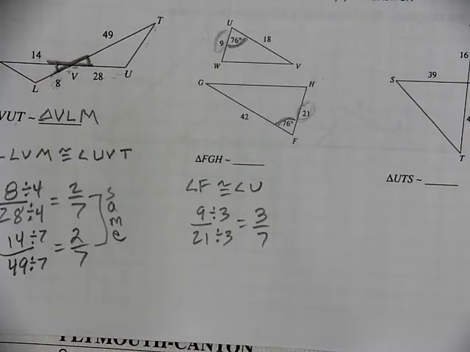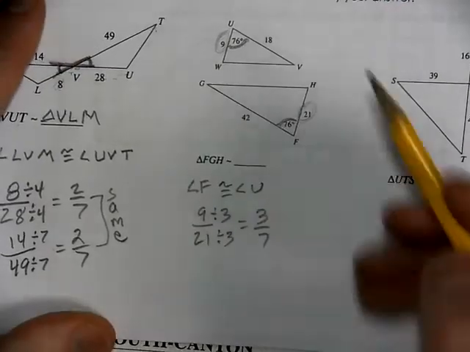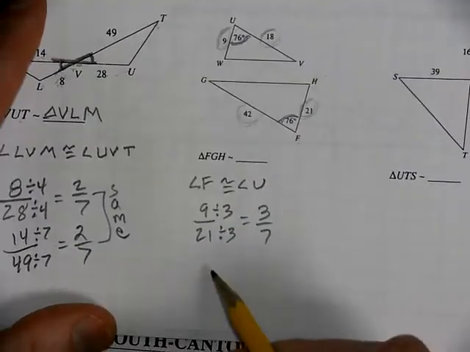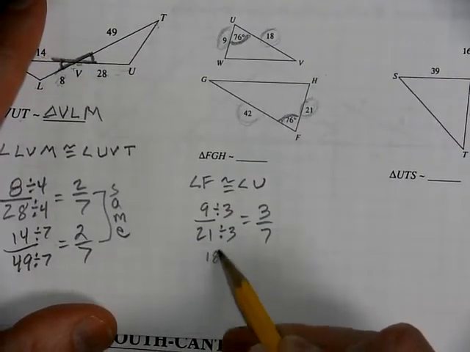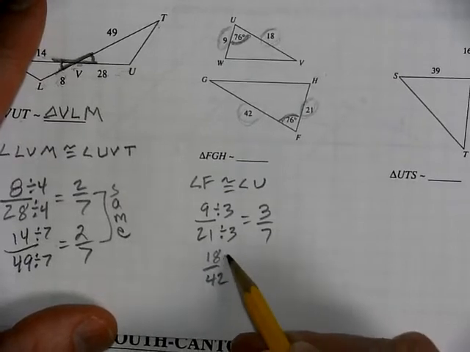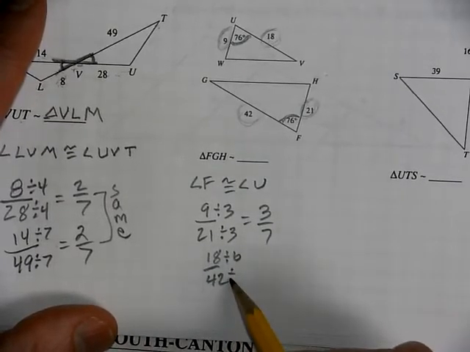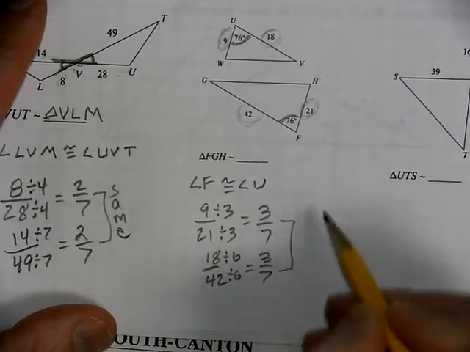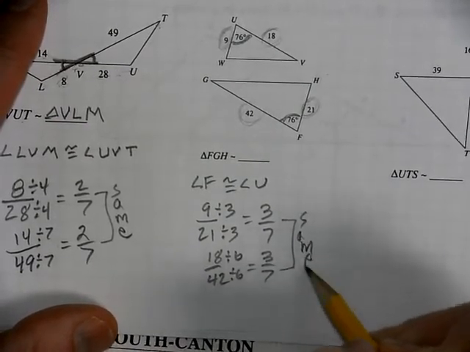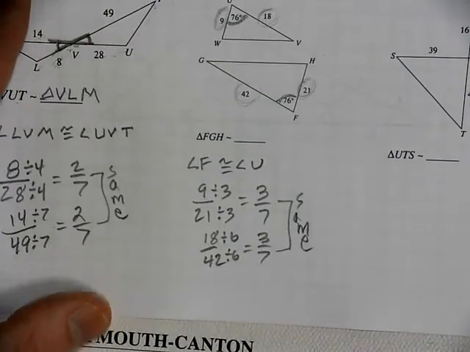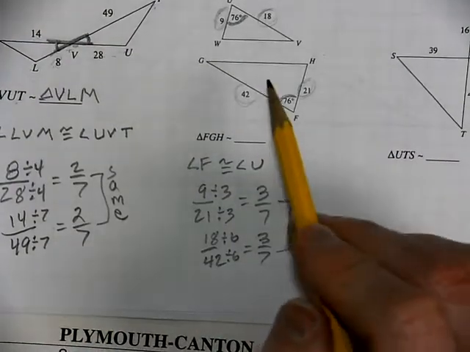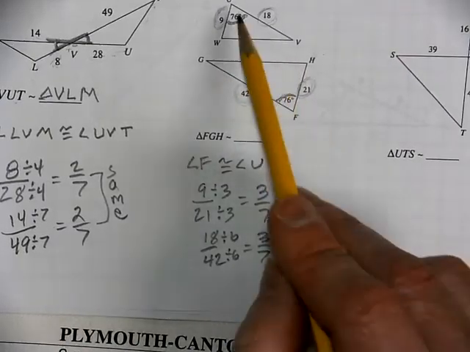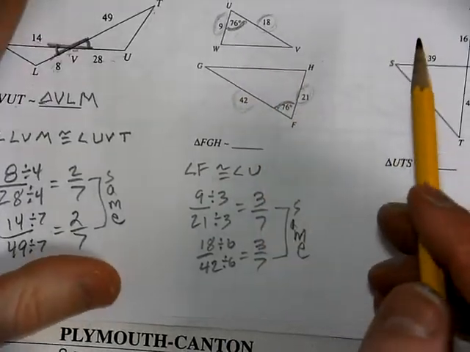That by itself doesn't mean anything. We have to compare it to the larger side and the larger number. So 18 and 42 looks like 6 goes into both of those numbers. 3 and 7. Perfect. They're the same. They have a common ratio. So the sides are proportional, and of course the included angles are congruent.